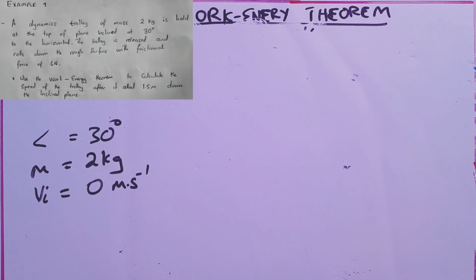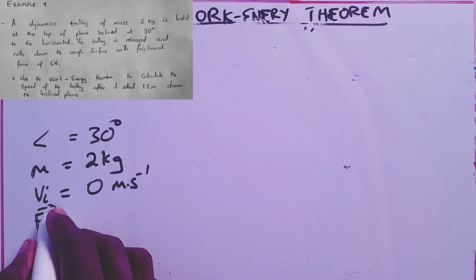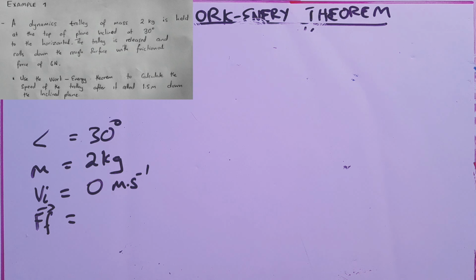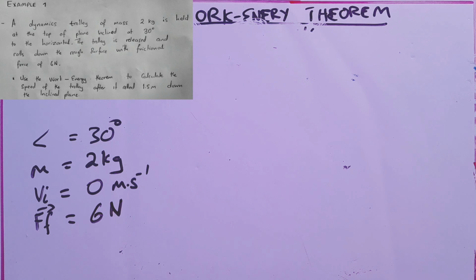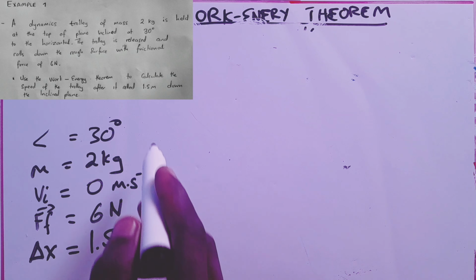And it rolls down the rough surface. When they say something is a rough surface, it means that there's frictional force. The frictional force, they told us, is 6 newtons. And they said use the work energy theorem to calculate the speed of the trolley after it rolled 1.5 meters down the incline. So it means that our displacement is equal to 1.5 meters. The way that I did it here, guys, is very important.